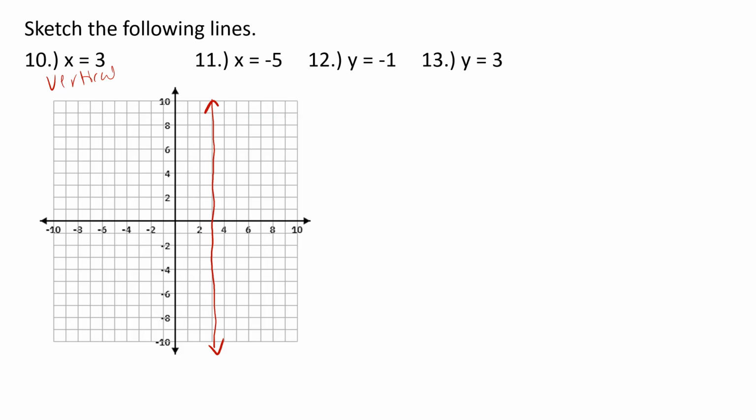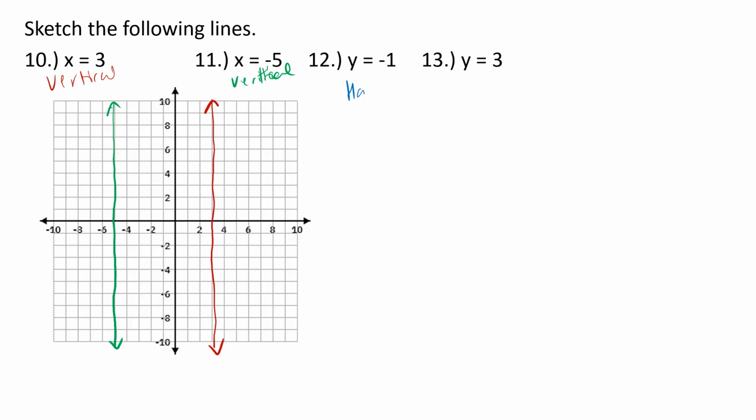X is -5, so we come over here to the -5, and that will also be a vertical line because what we're holding constant there is the x.